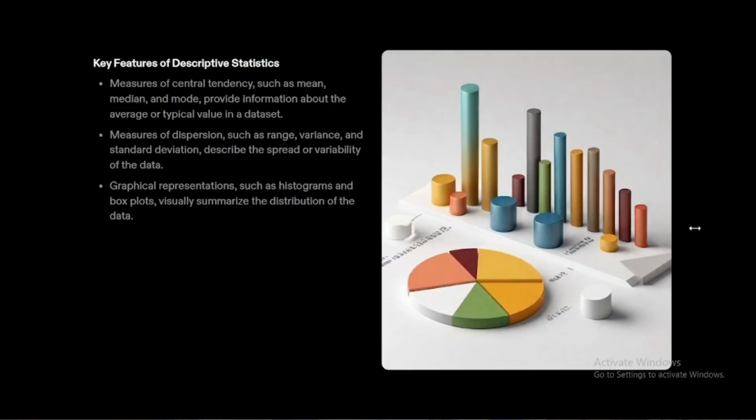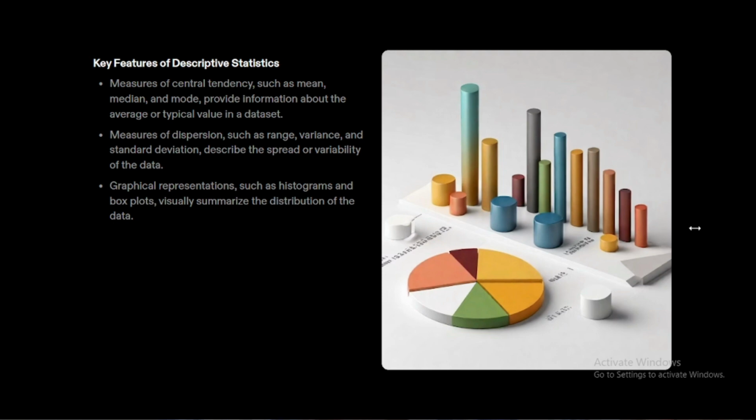So now let's look at the types of descriptive statistics. We have the measures of central tendency, which involves the mean, the median, the mode, and this provides information about the average or typical value in a data set. So the mean being the average, the mode being the value with the most frequent occurrence in a data set.